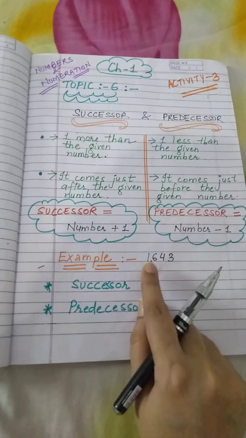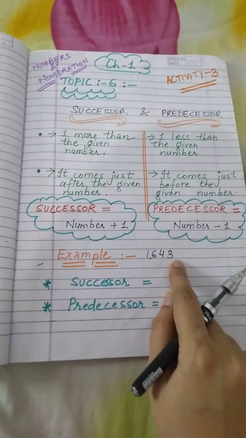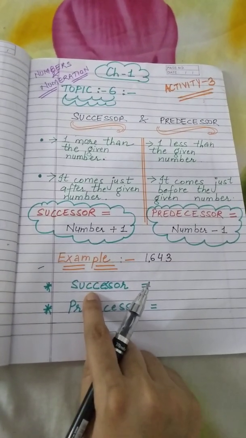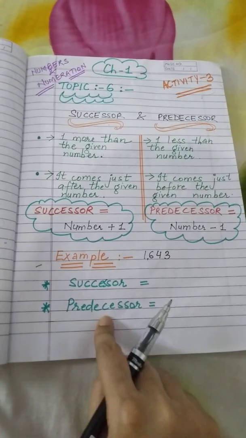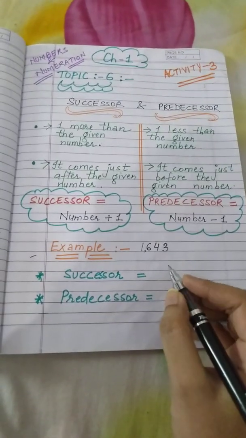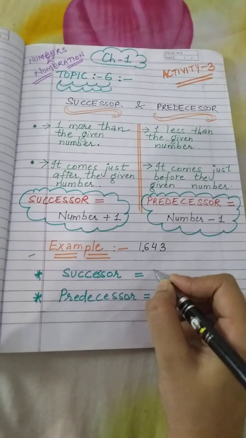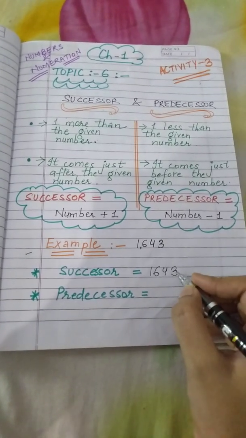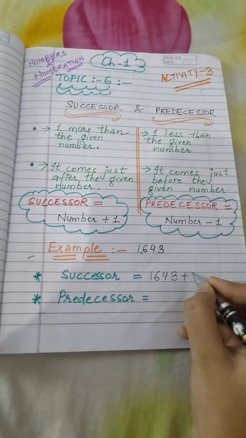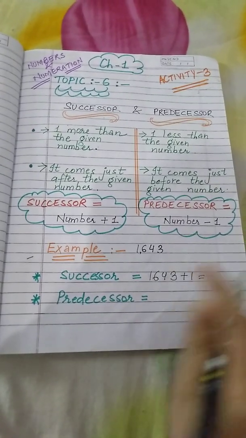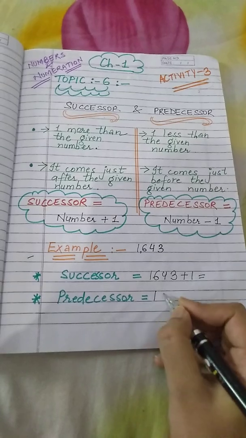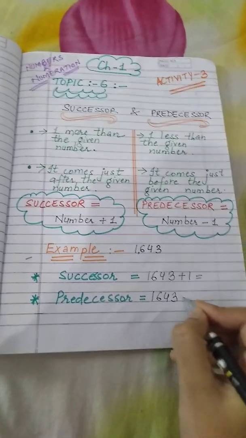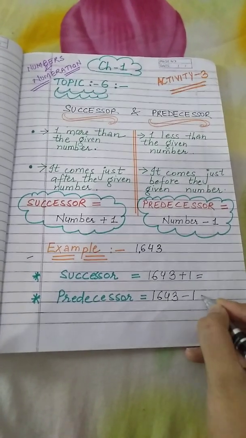If I have 1643 and I want to calculate its successor and predecessor, then how can I calculate it? We just have to write down the number, and after that we have to add 1 to that number. And for predecessor, we will write down the given number and subtract 1 from that number.